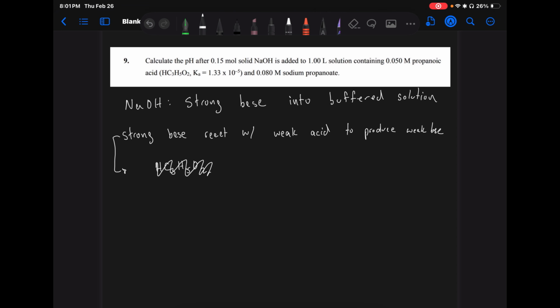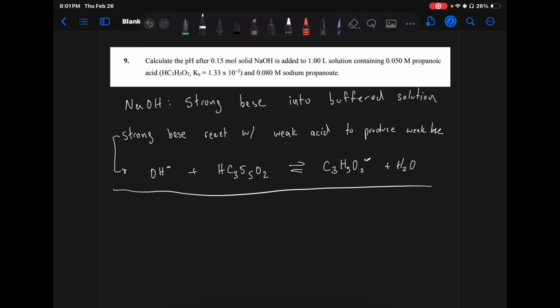Maybe I'll change the order so it makes more sense: OH minus plus the acid in equilibrium will produce C3H5O2 minus, which is the propanoate without the sodium because we don't need to mention that, and then H2O, which is irrelevant. We don't have to worry about that.